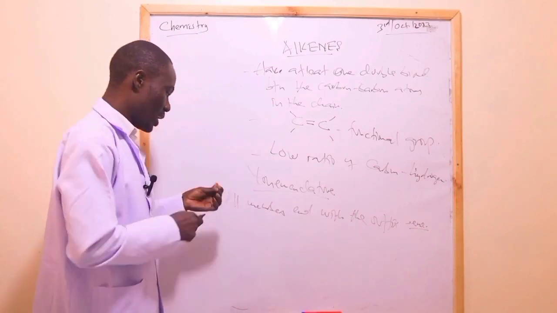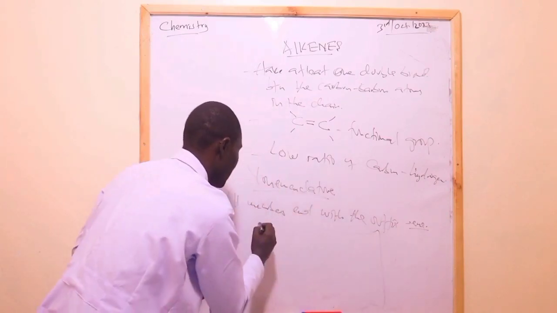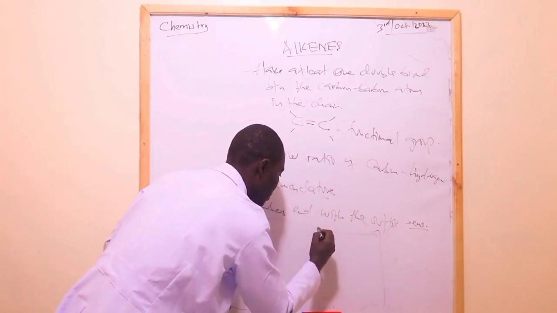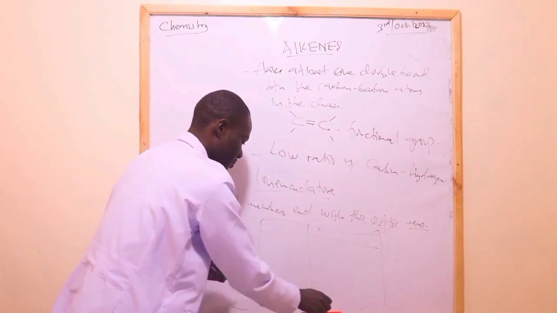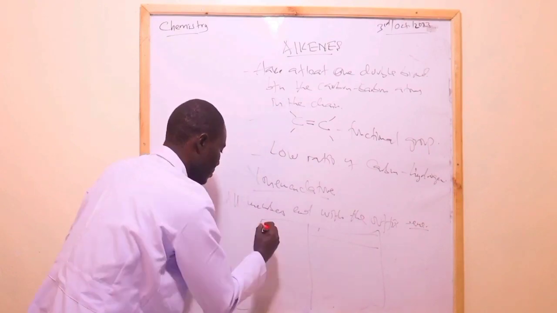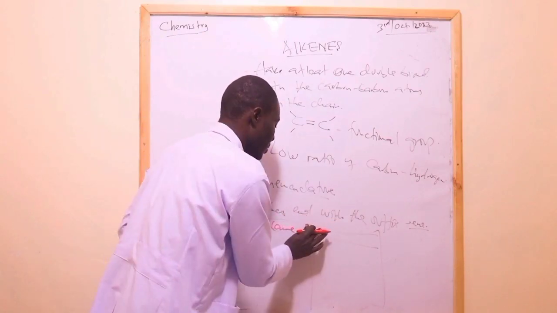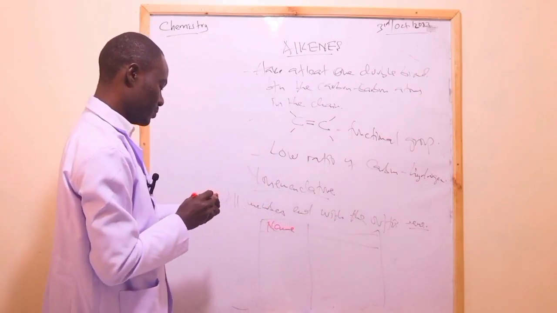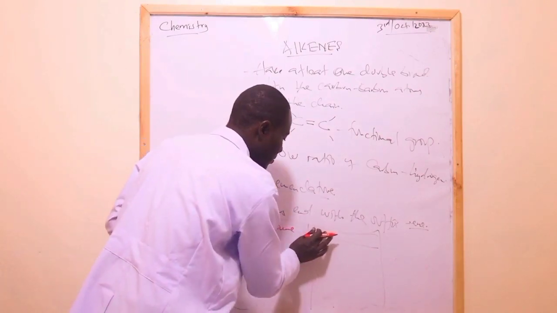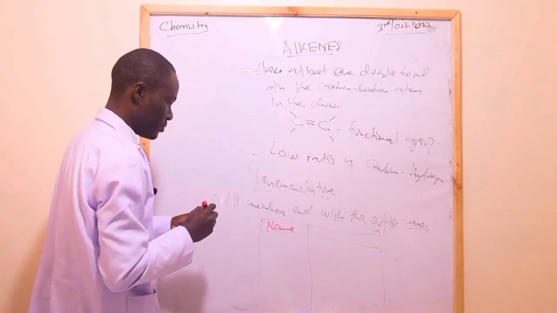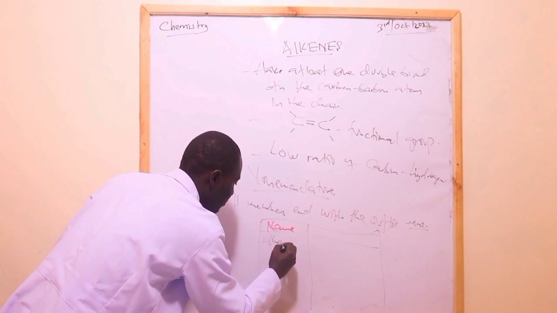So in this case, I'll have a table to summarize on this. In the table, we shall have two columns. The first is for the name. The second column, we have the formulae.